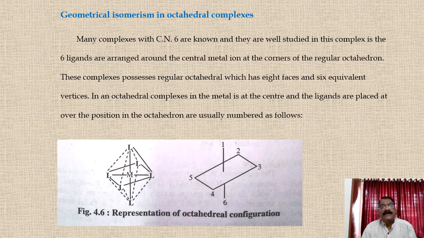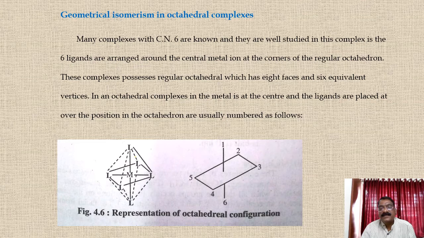Geometrical isomerism in octahedral complexes. Here the coordination number is 6. See, for coordination number 6, there are many known complexes, and there are 6 ligands. In the octahedral condition, the positions are fixed. When we consider the octahedral geometry, we name the sites of the ligands.